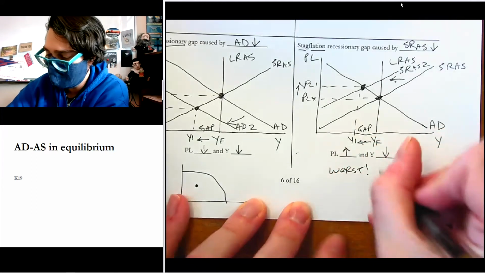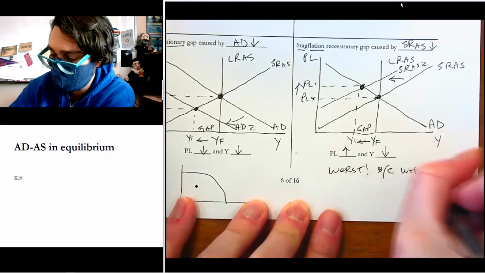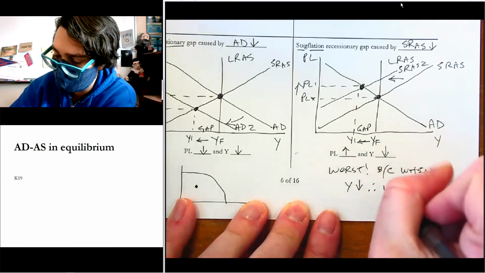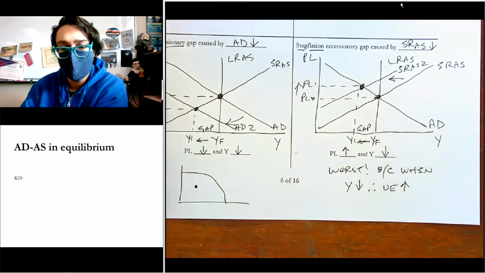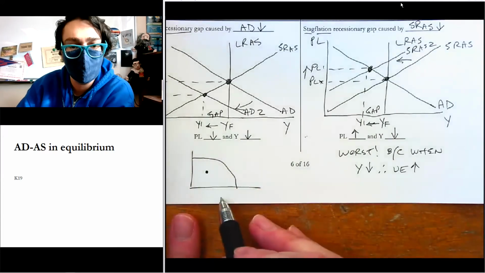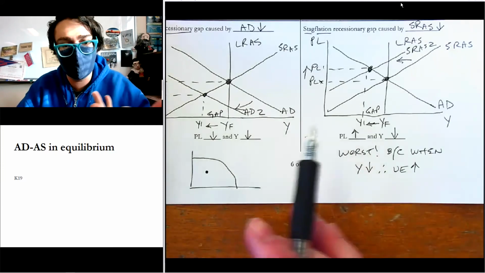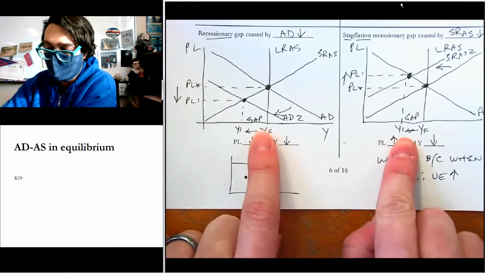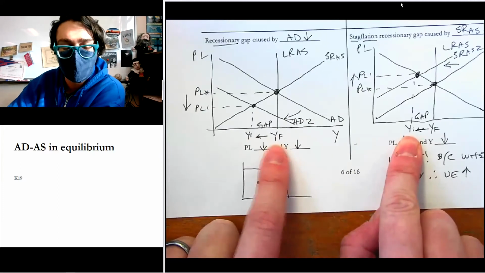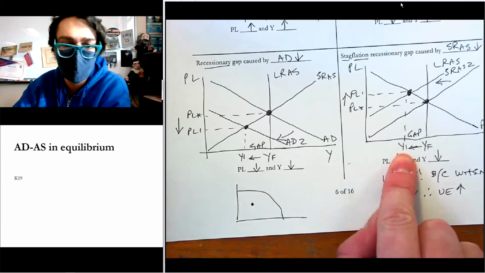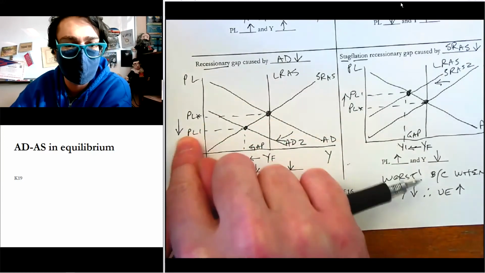The worst. Because when output goes down, we'd say, therefore, unemployment is going to go up. Because remember, if we're underneath the curve over here, then we have unemployment. And so both of these down here are unemployment because you have less output than the full. But imagine that you have a scenario where you lose your job and your grocery bill is a little less.